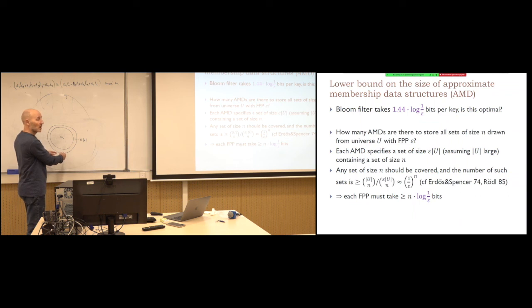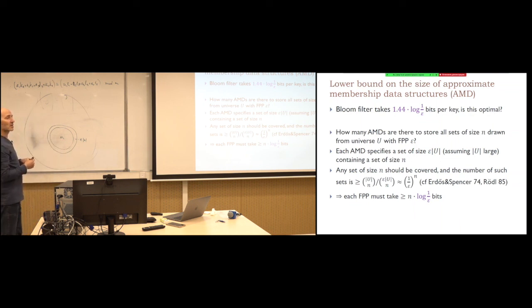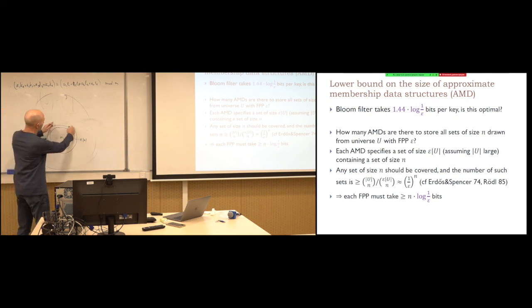So what we need to count is the number of big sets covering all possible small sets, that is, all possible sets of size n.